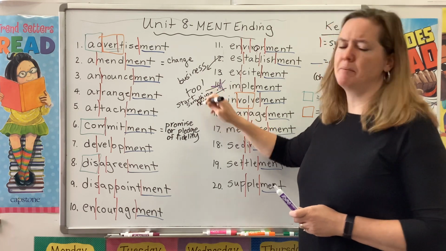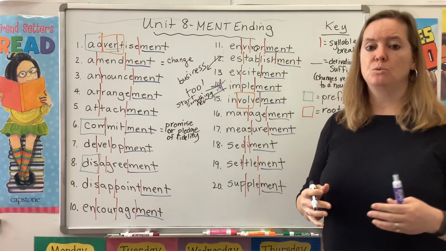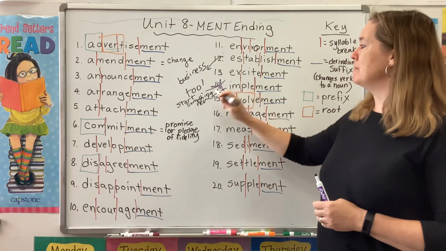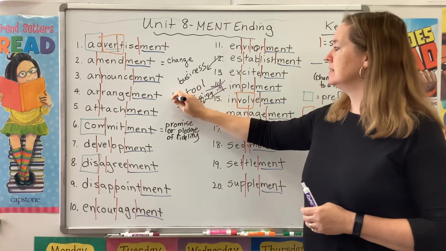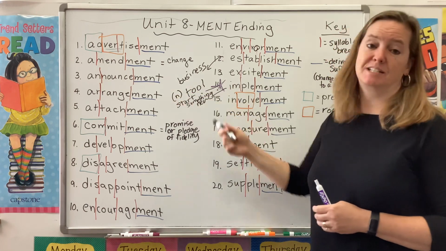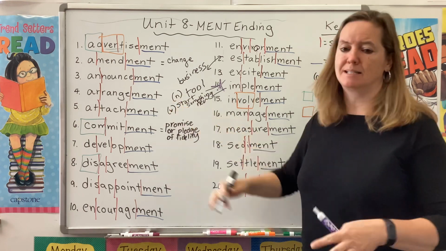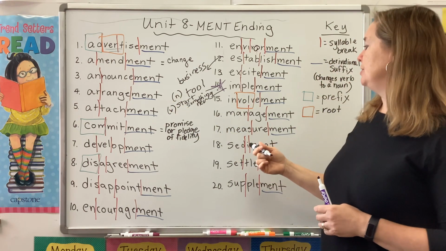So you can implement a new reading program at your school, or you can implement a new policy at your business. So the word implement can be a noun if we're talking about a thing, a tool, but it can also be a verb: if you implement something, you start something new.